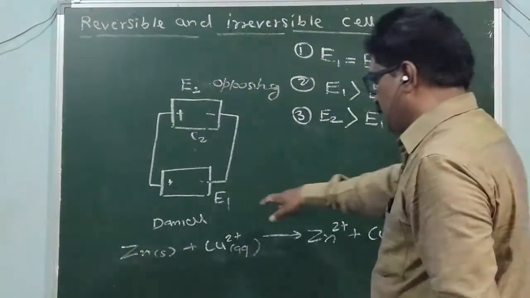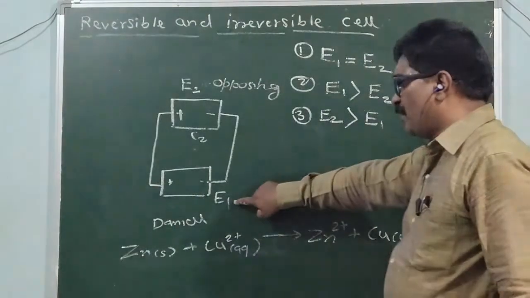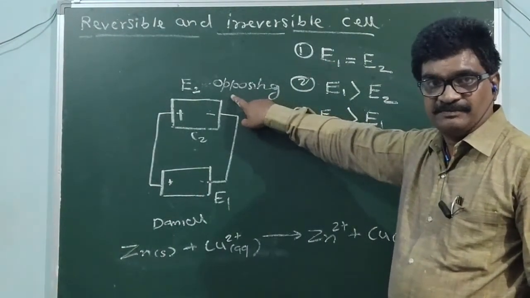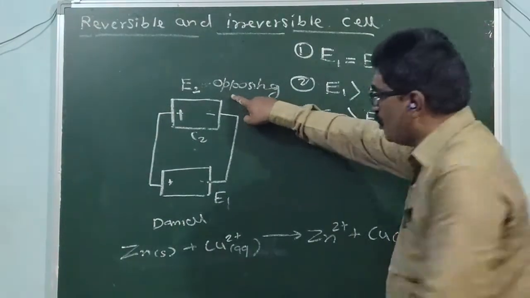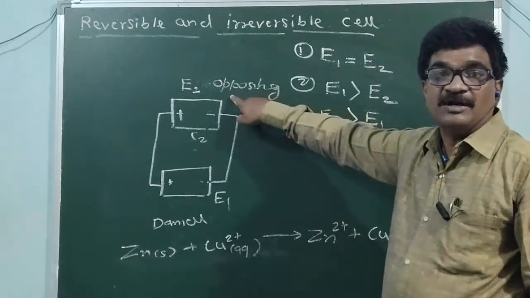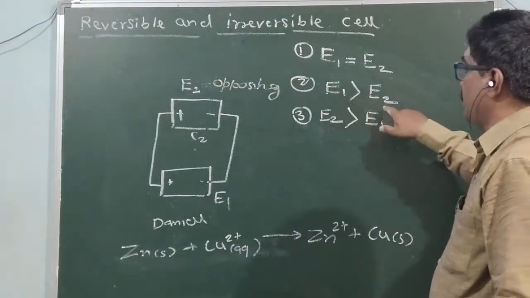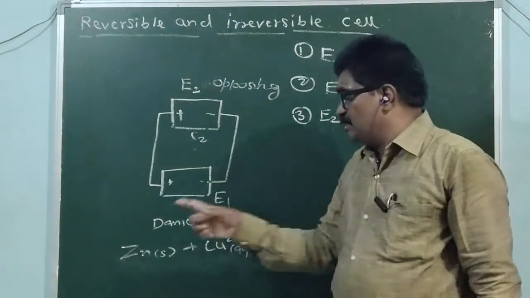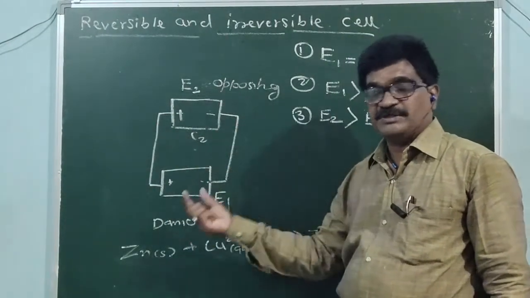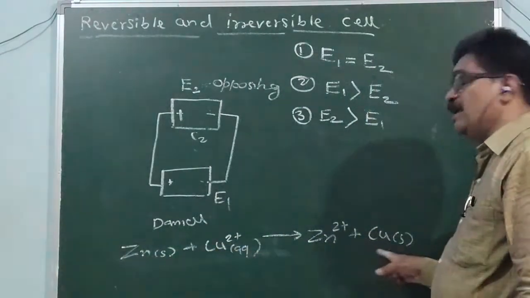Now when the EMF of the Daniell cell becomes equal to the EMF of the other cell, then no cell reaction occurs. There is neither oxidation nor reduction. But when E1 is greater than E2, then this cell is responsible for flowing the current into the circuit, and that is why the cell reaction occurs in the forward direction.